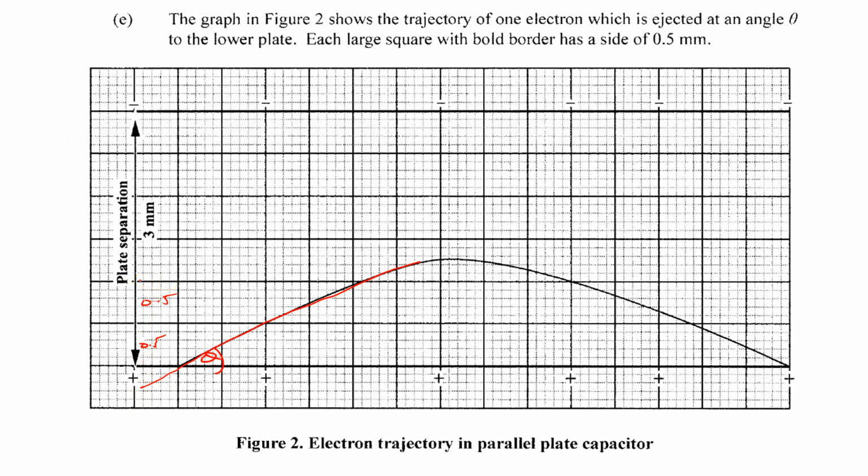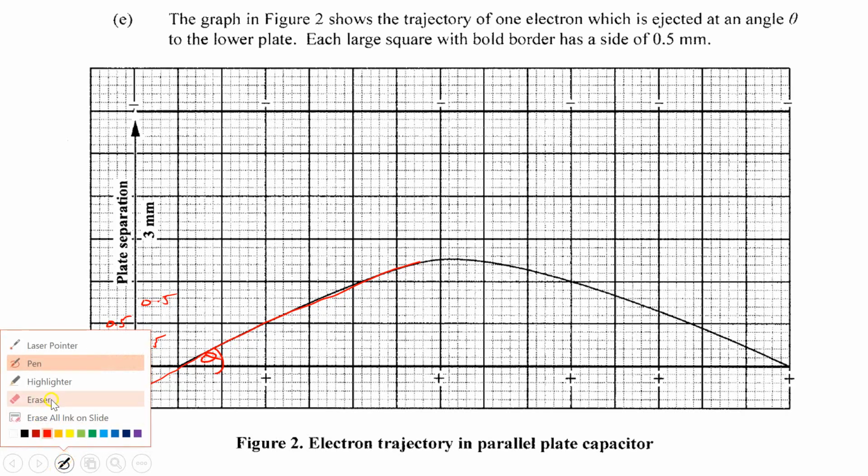If you're going up by 0.5, then this box would represent 0.01, 0.02, 0.03. My bad, let me correct myself. That's not correct. This would be 0.1 rather. 0.1.